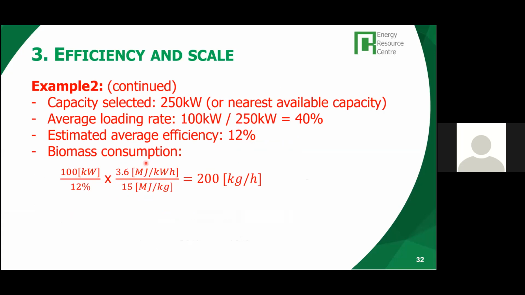And in such a case, for such a larger system, the actual biomass consumption could be substantially higher, say, for example, 200 kilograms per hour, in comparison to when a smaller system would have been chosen.